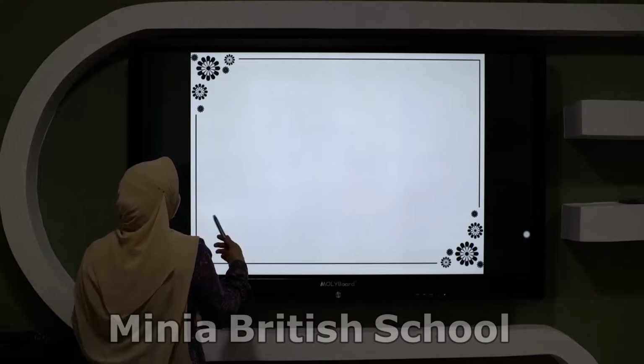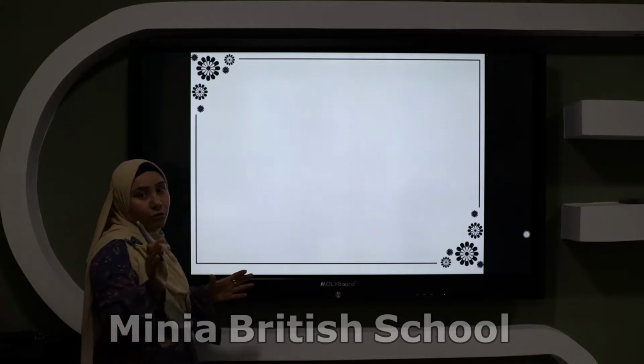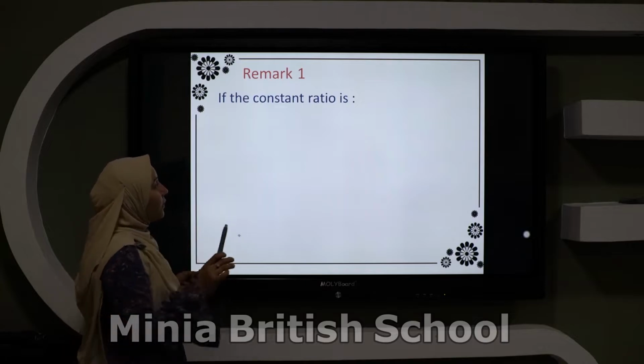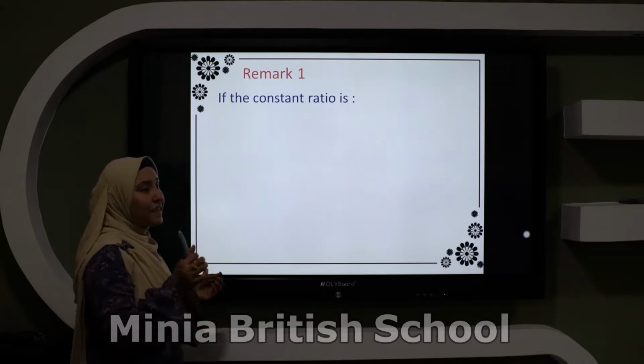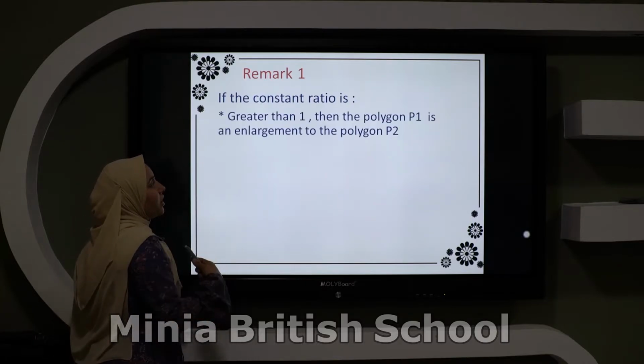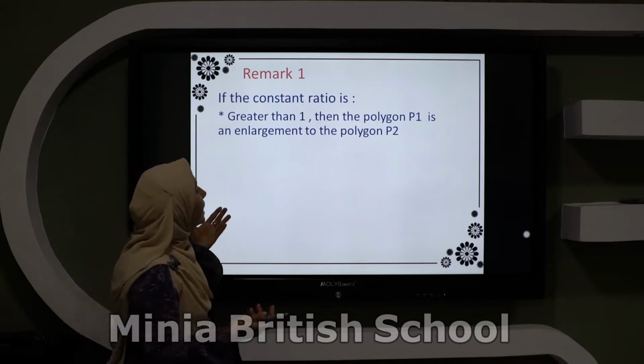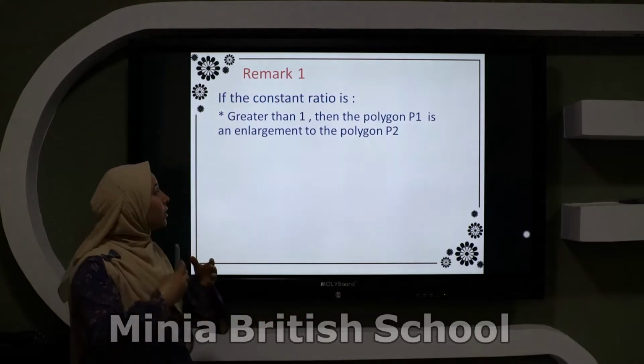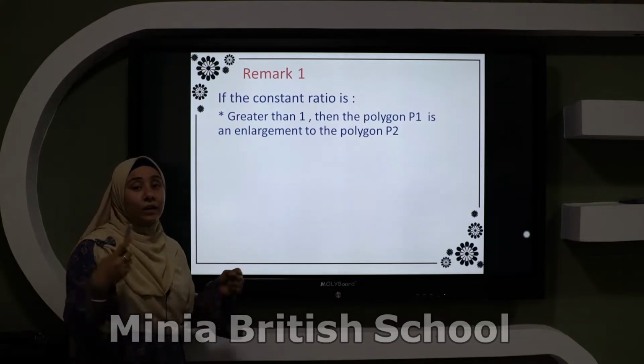Now, for example, we have remarks here. The first remark: if the constant ratio is greater than 1, the polygon P1 is an enlargement of polygon P2.